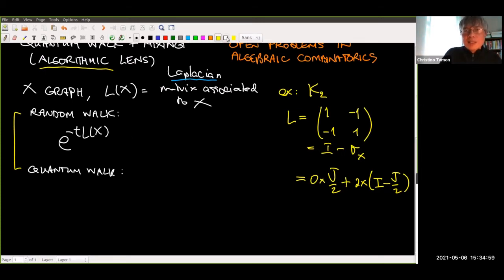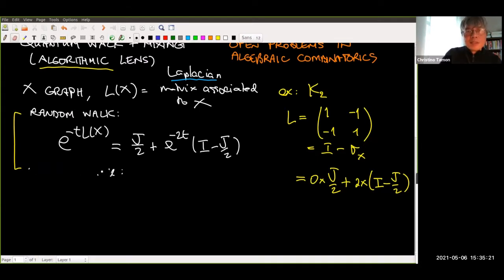So then we can analyze this one. Just by hitting this with the spectral theorem, what do I get? Exponential of 0 is just 1. The eigenprojector stays, and then the exponential is applied to the other eigenvalue, and that eigenprojector stays. Actually, I need more space here. Okay, good.